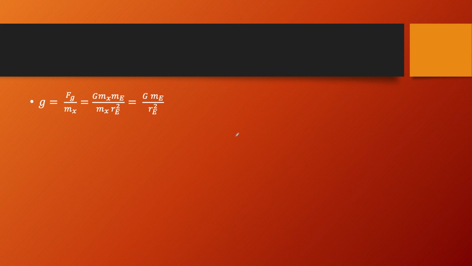And I want to point out that for gravitational pull, the acceleration of gravity is equal to the force divided by the mass of the object that's falling down. And look what happens when we input that into this equation.